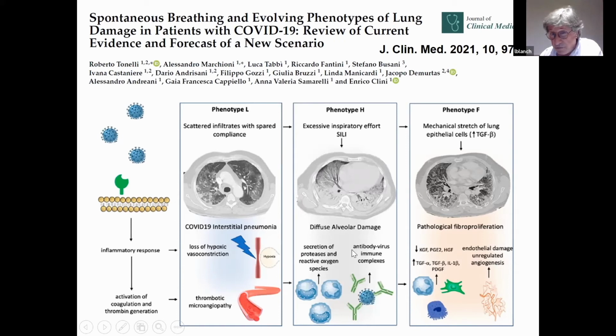This is probably one of the major causes that these patients get more neuromuscular blocking agents compared with non-COVID ARDS, and it evolves to a pathological fibroproliferation.